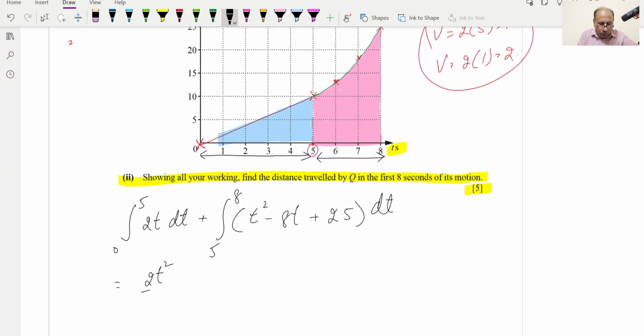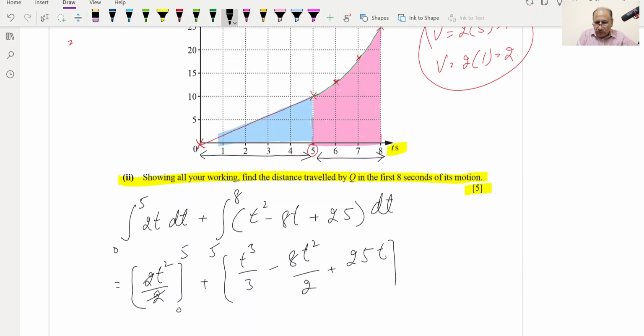2t squared over 2, and we can cancel this, but the limits will be 0 to 5, which we will be writing, and plus the integration of this will be t cubed over 3 minus 8t squared over 2 plus 25t, and this will be from 5 to 8, and this is done.